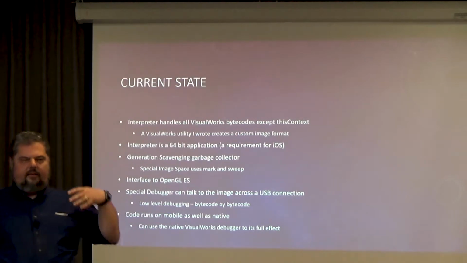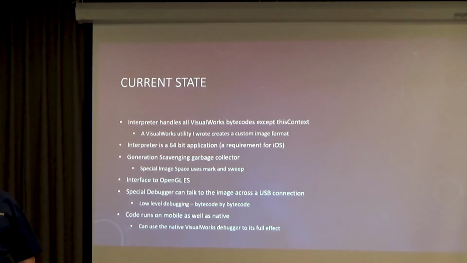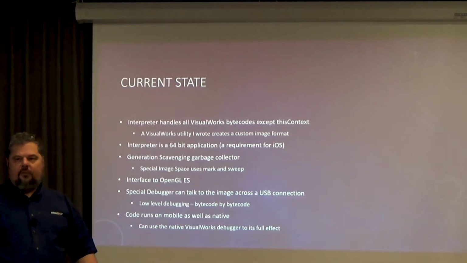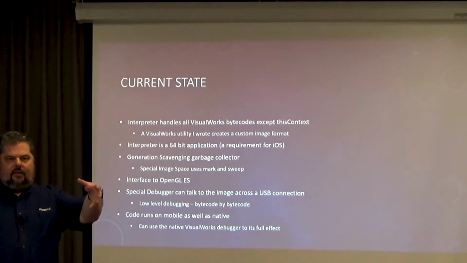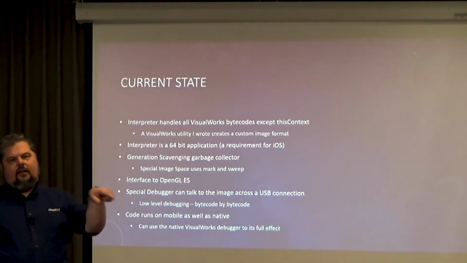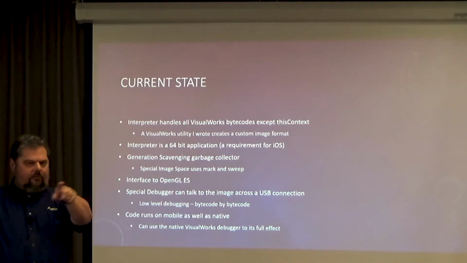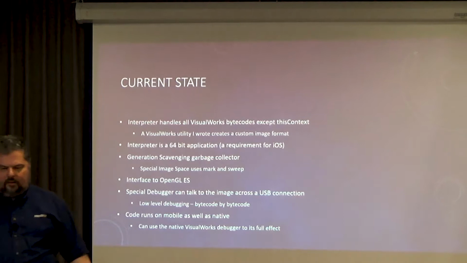So I actually implemented a separate type of memory space I call image space, which uses a mark and sweep garbage collector hooked into the generation scavenger. So it still does garbage collection of it, but it keeps those objects in memory in the same spot. And then when I detect that I no longer need them, it creates a free list of those and does it in a more conventional way.